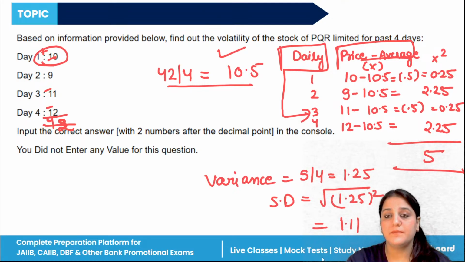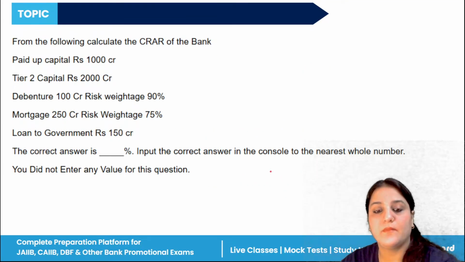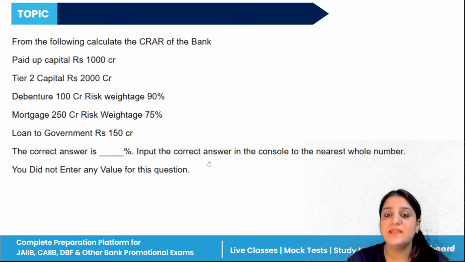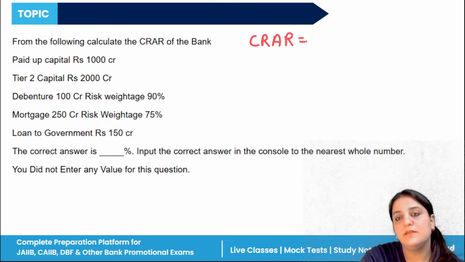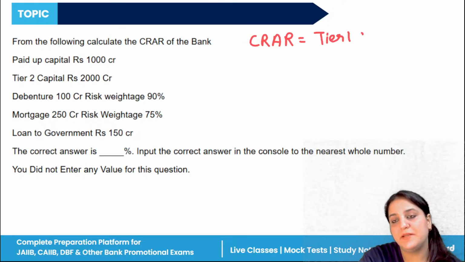Now next question, just calculate the CRAR here. See, we know that there is a formula of CRAR, that is tier 1 capital.